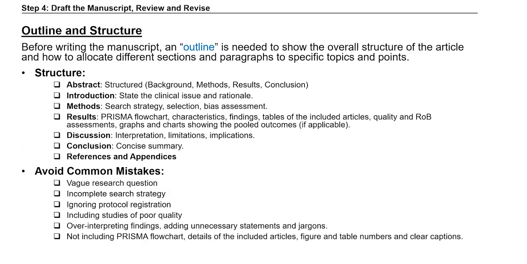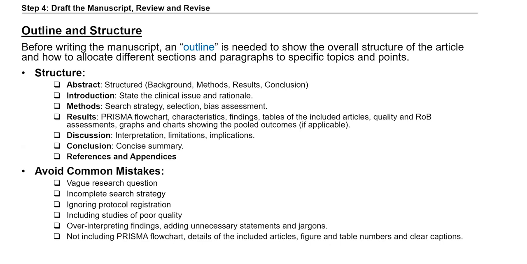So the search strategy should be clear. The selection criteria for the included studies should be very clear and reproducible. Bias assessment, any methods you use, has to be there. And it has to be a table or anything that shows how you assess the bias and how you are considering the value or effect of each of the papers you included in your study versus others.